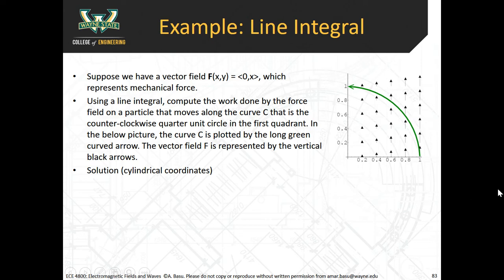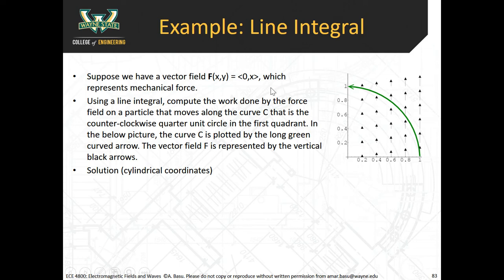This quarter circle here is constant r, variable phi. This line here is variable r, constant phi. This line here is also variable r, constant phi. So this line integral can be nicely done in cylindrical coordinates.